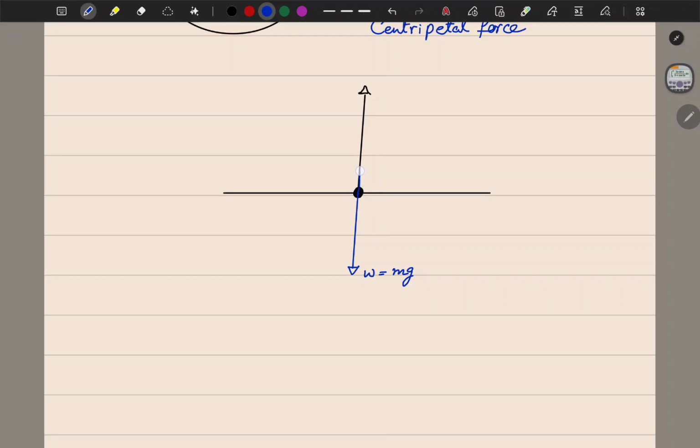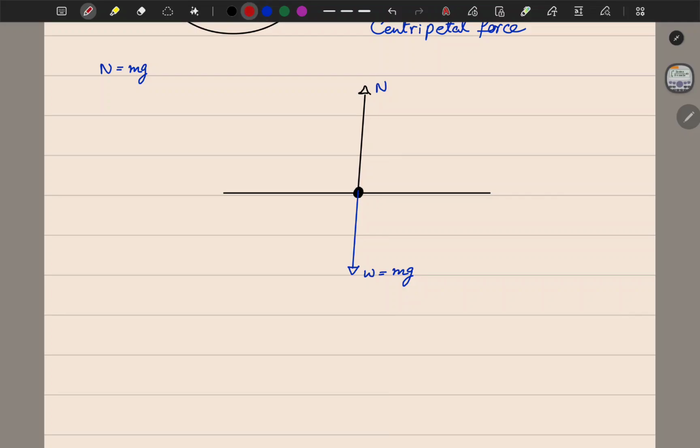The force that opposes it is the normal force, as explained by Newton's third law: for every action, there is a reaction that is opposite in direction and equal in magnitude.